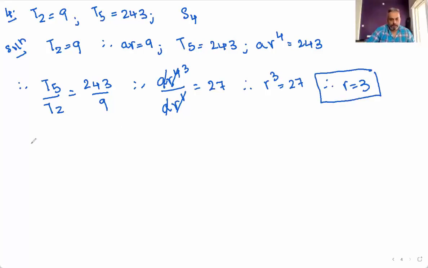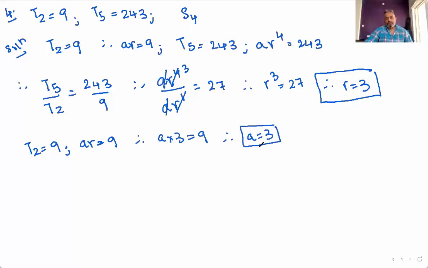Now T2 is equal to 9. So A into R is equal to 9. Therefore A into 3 is equal to 9. Therefore A is equal to 3. So R is equal to 3 and A is equal to 3. Now we have to find S4.